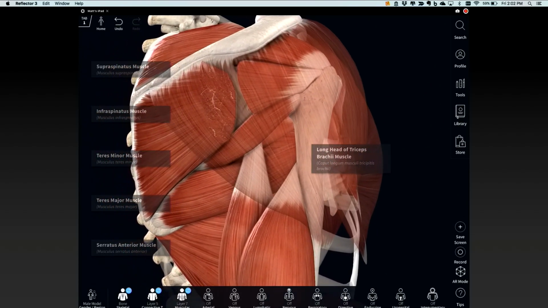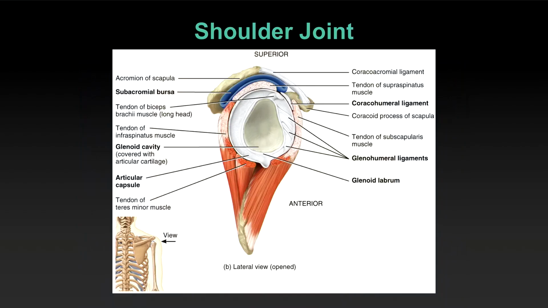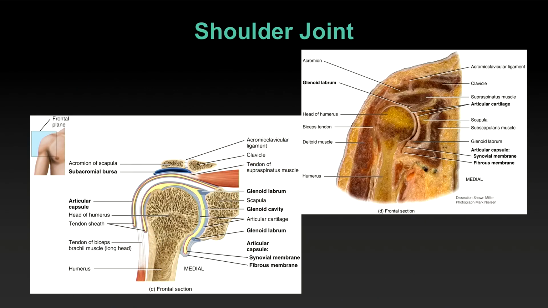And we're going to learn all of them. It's not that hard, don't worry. What else? You have this real anatomy slide and a cartoon slide of a cross section through the joint itself. No new information, just a different perspective.